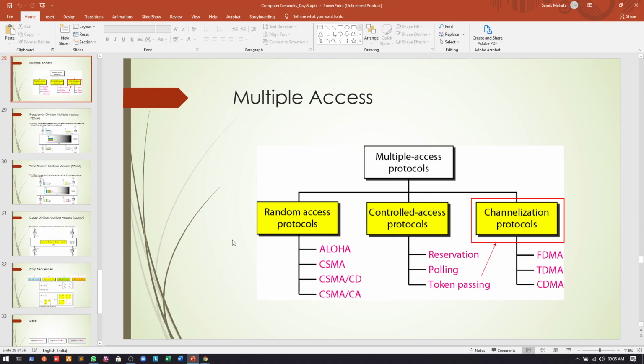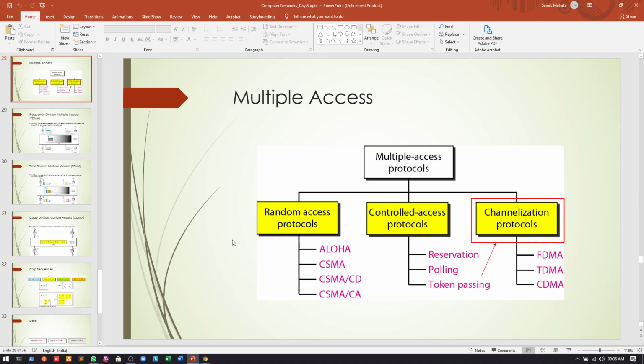Because whenever there is more than one station inside a network, these stations will need to share the medium or share the channel when sending the data. And obviously we have seen that whenever they are sharing the channel, collisions can happen, data can get lost, data may not get delivered, acknowledgement may not get delivered, and so on.